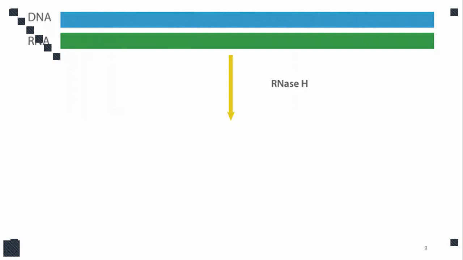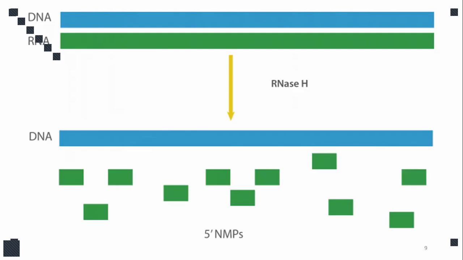So how does it do that? Let's see. Here, in the next step of this reaction, the whole RNA has been degraded. You can see it piece by piece like that, as a result of the fact that the RNase H enzyme is available to do that job.